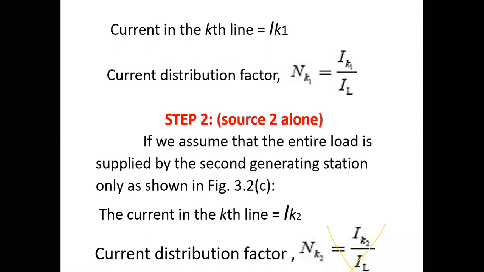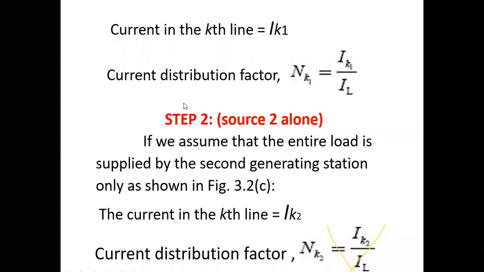We define this distribution factor as the ratio of Ik1 by IL, where Ik1 is the current flowing through the kth line, whereas IL is the current flowing through the load side. That means how much current is distributed to the kth transmission line out of the total load current is the current distribution factor, and it is represented by Nk1.